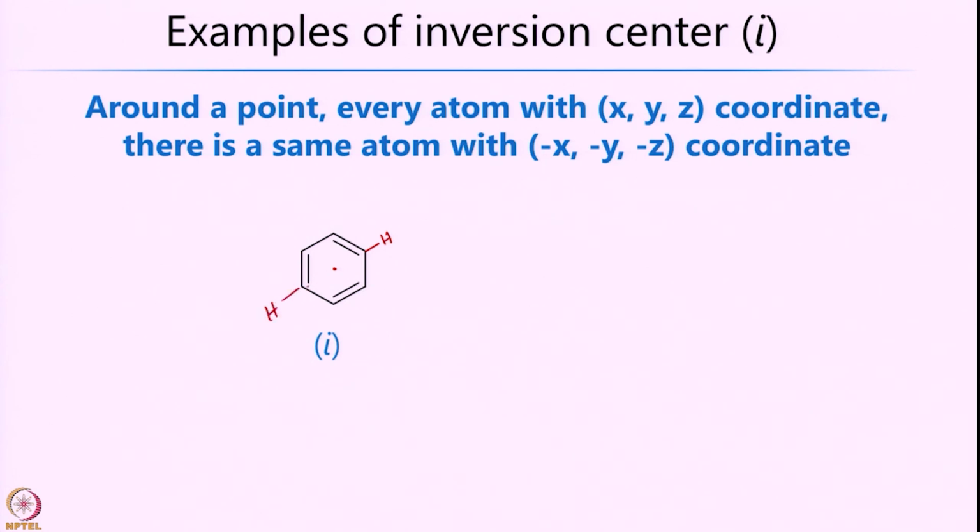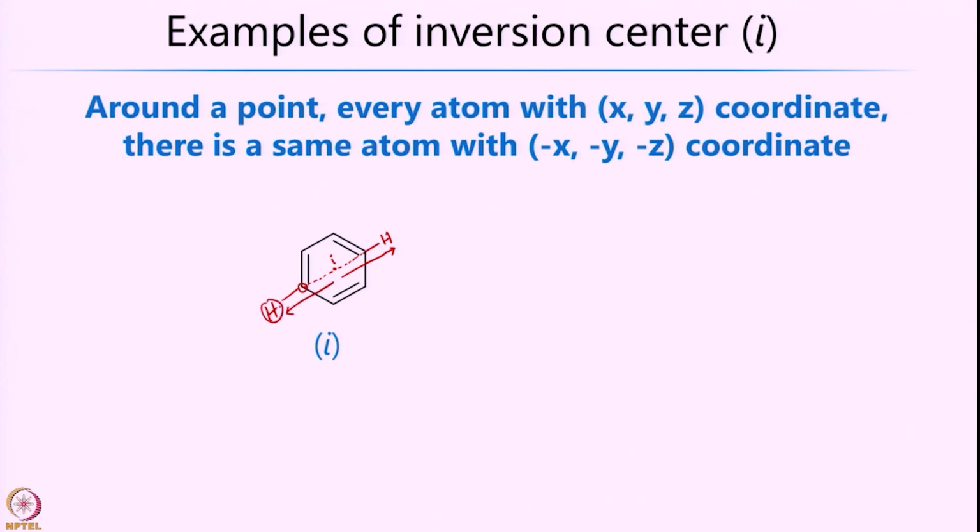And now if I want to go from here to this carbon, I am going to draw in this direction, and to see whether this is indeed the center of inversion I need to come back an equal distance, and I indeed find another carbon. Similarly, if I want to go towards a hydrogen, I can go towards this hydrogen, and to find out whether it is again a center of inversion, I need to come back and find another hydrogen here, and I have a hydrogen here as well.